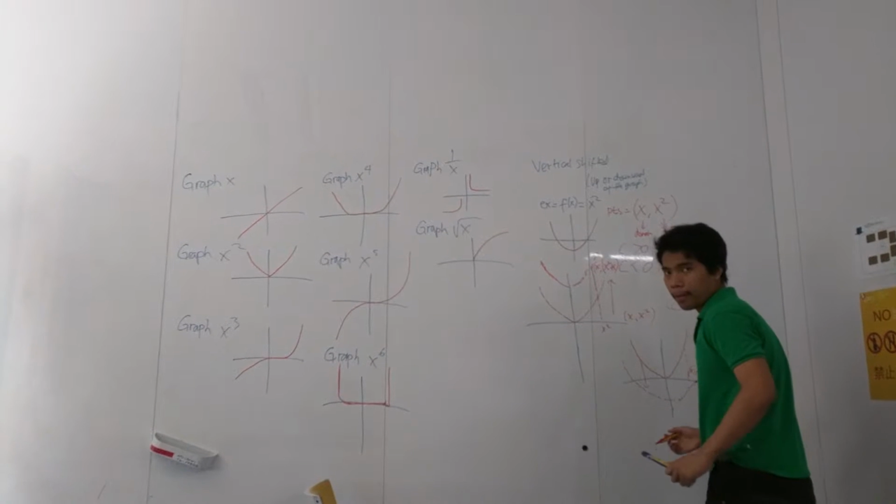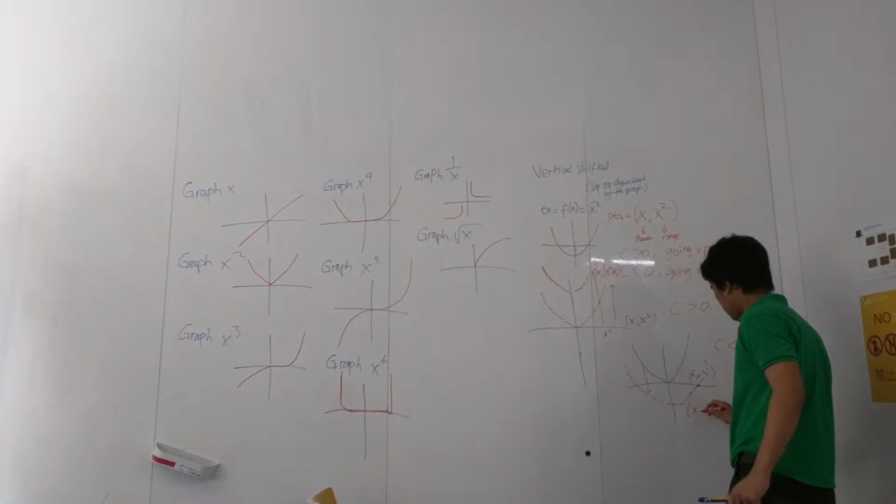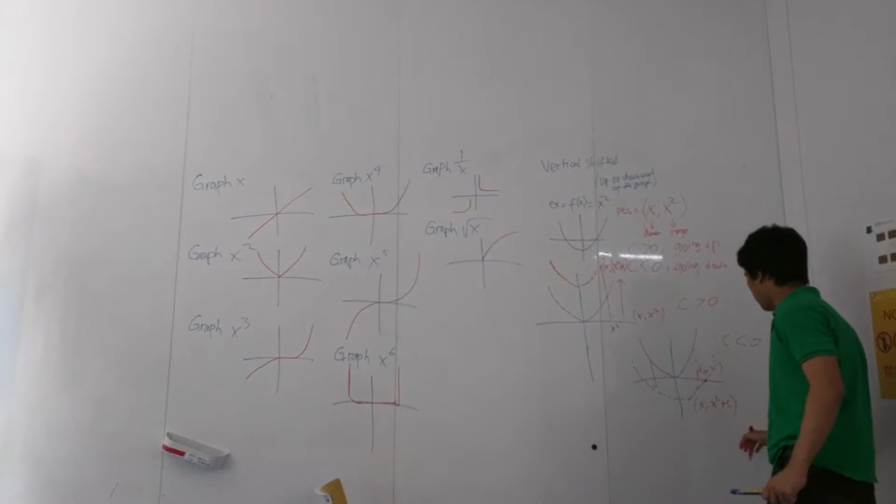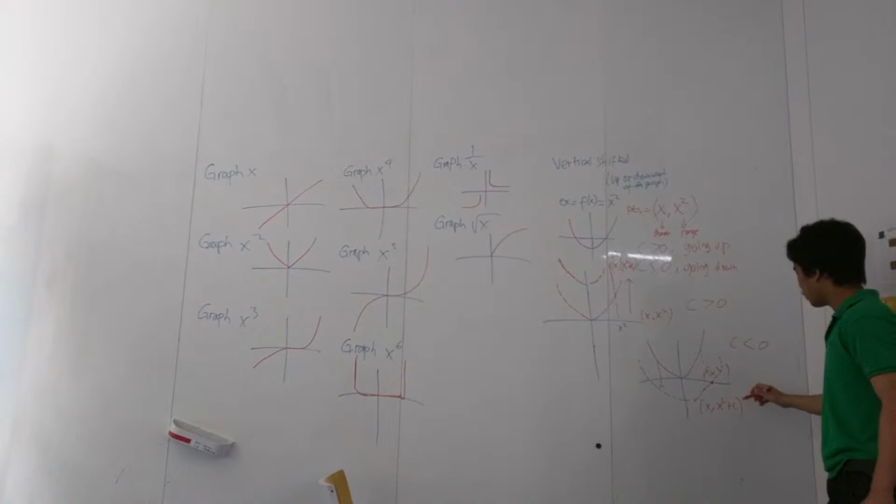So this one becomes x squared plus c, and the c will be minus.